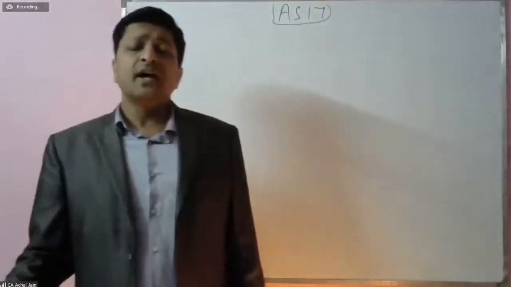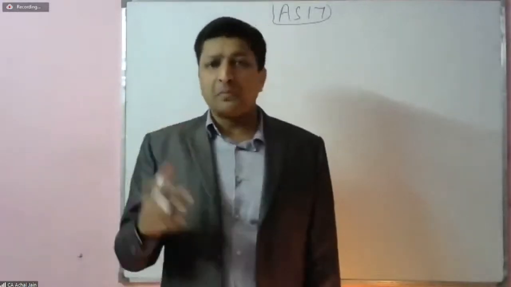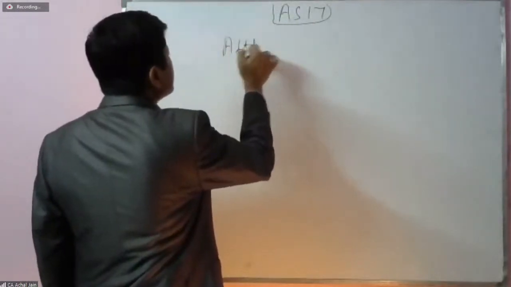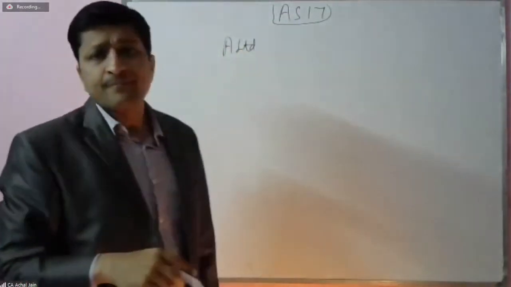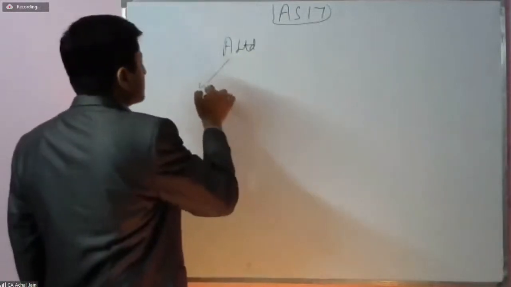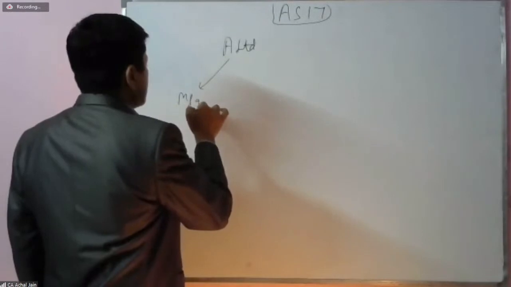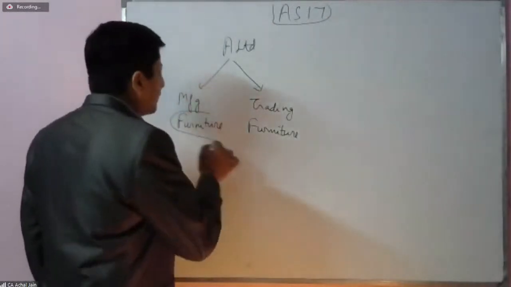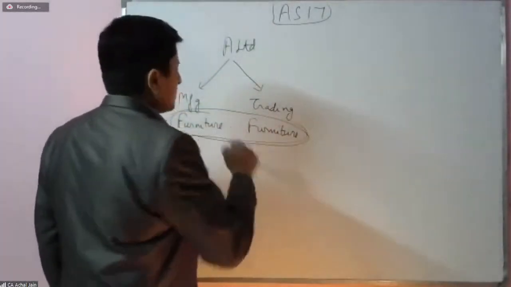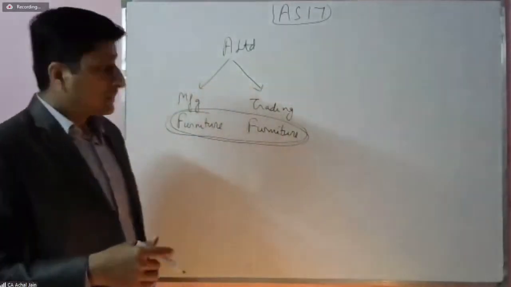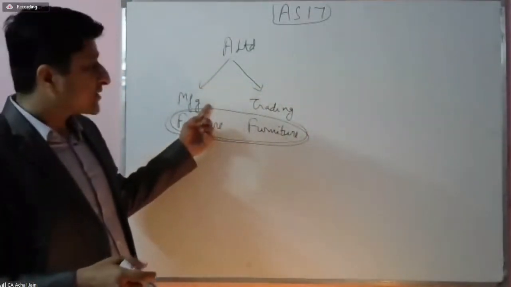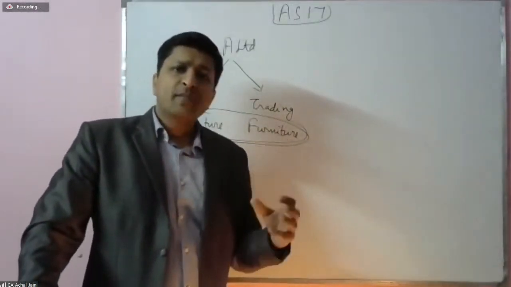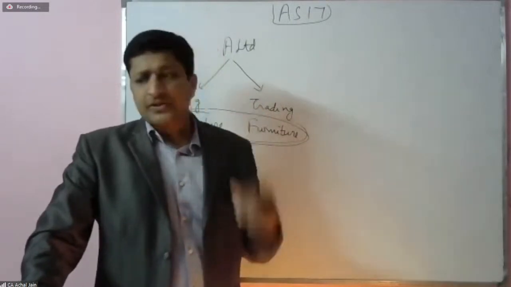So let's try to understand about the segment of an entity in a very simple manner. Let's suppose there is a company A Limited. This company manufactures, say, furniture. This company is dealing in furniture, whether it is about sale which takes place after manufacturing or which is only in the nature of trading, it's limited to only furniture.